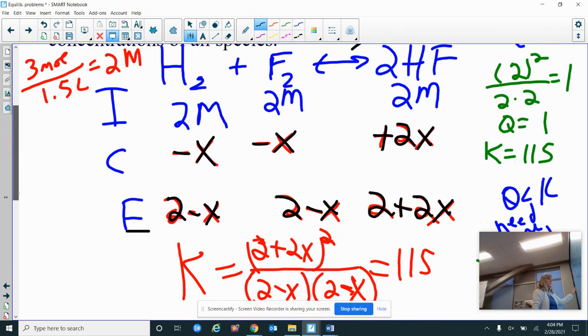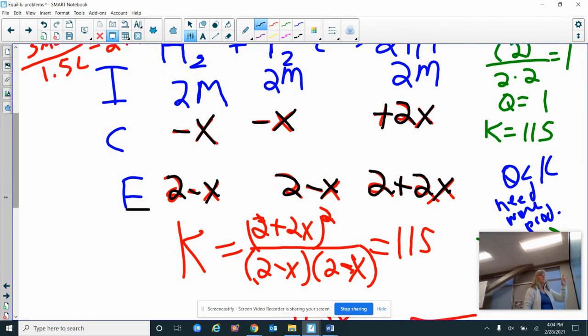Just like the Q, the K will be the concentration of HF squared. So that's 2 plus 2X squared over 2 minus X for the H2 and 2 minus X for the F2. And we do know that that equals 115. In this particular problem, solving for X, it could be where we would have to do a quadratic equation.